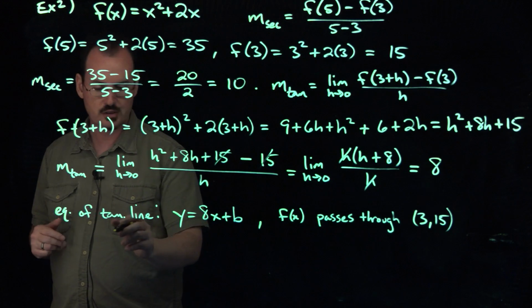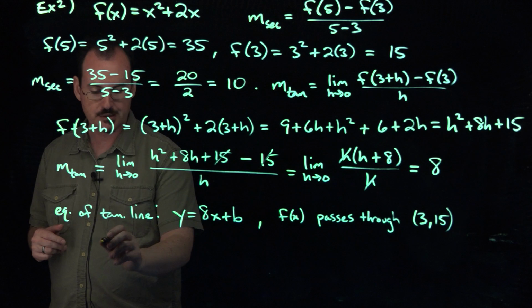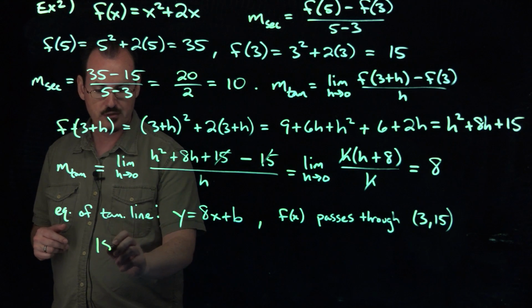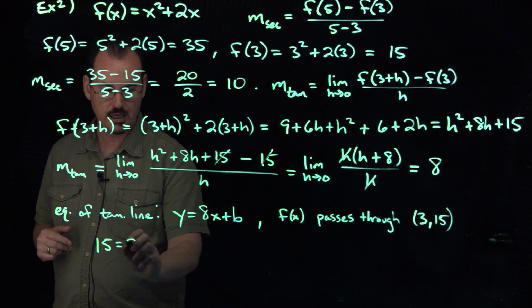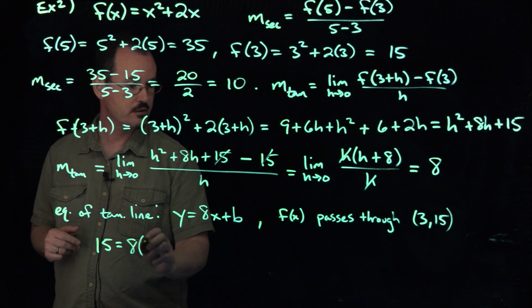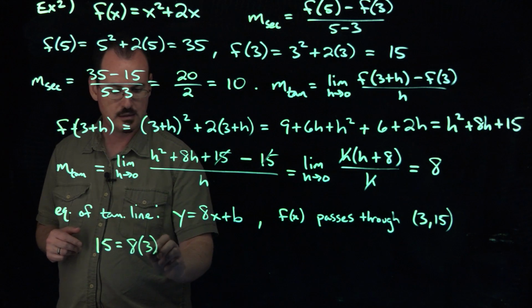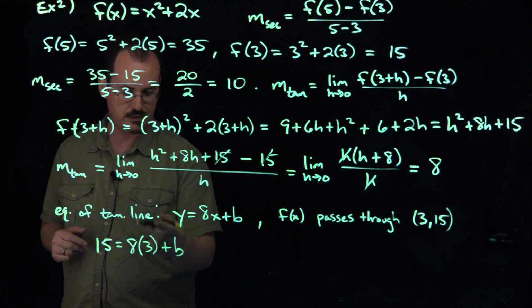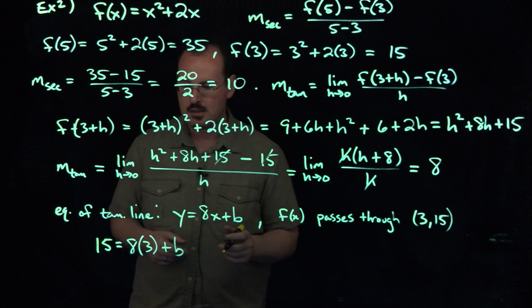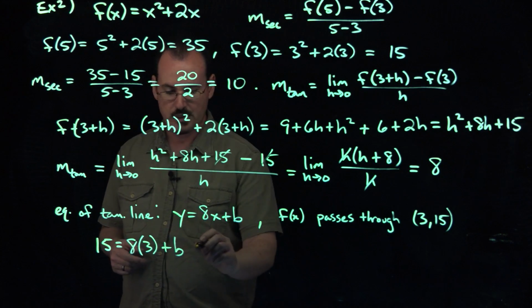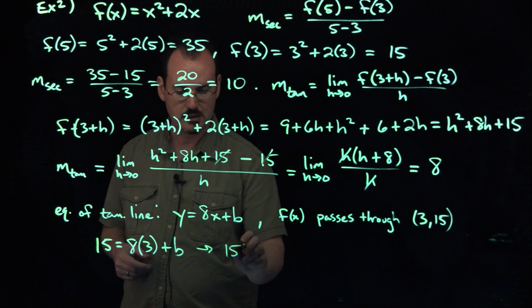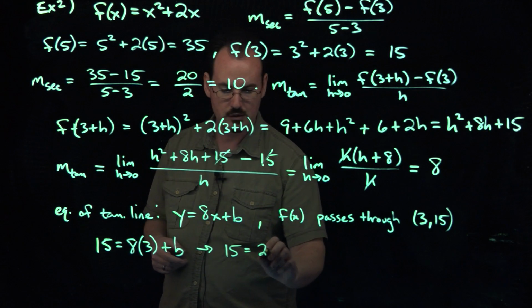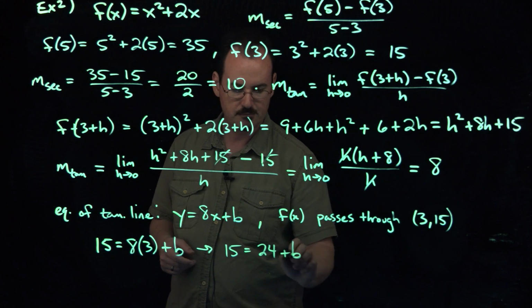You can also do this using the point slope form of a line if you remember what that is. So anyway, 15 for y is equal to 8, and then we've got 3 for x plus b, and notice now b is the only unknown quantity here. So we can solve this for b. That's going to be 15 is equal to 24 plus b.